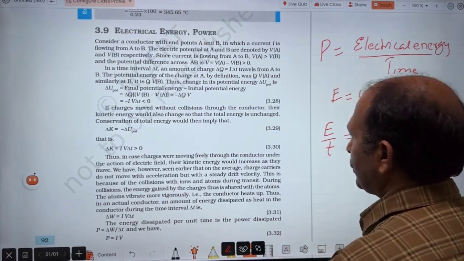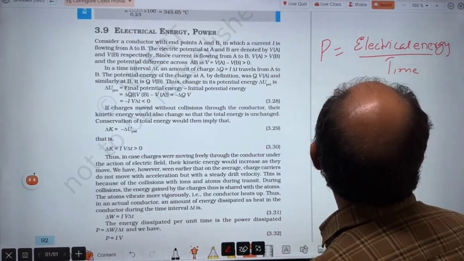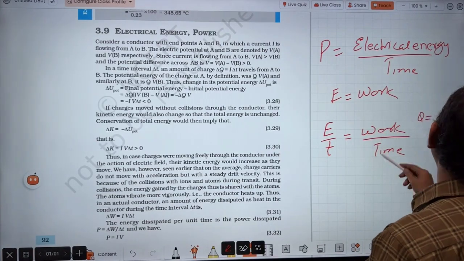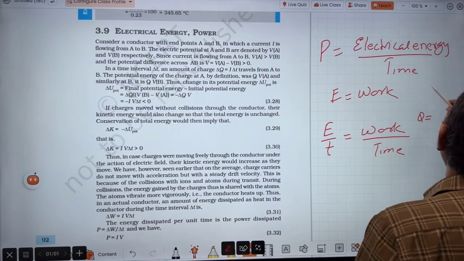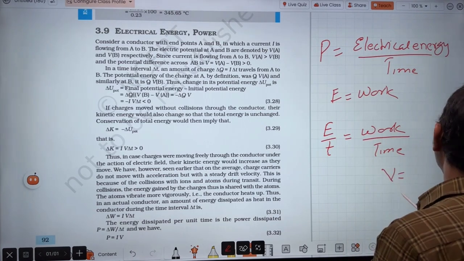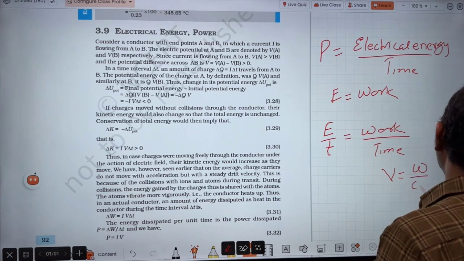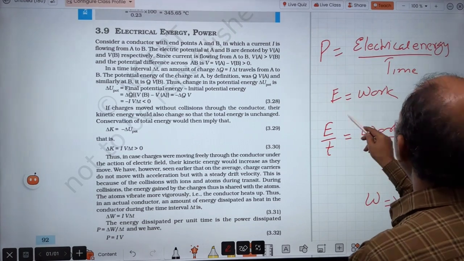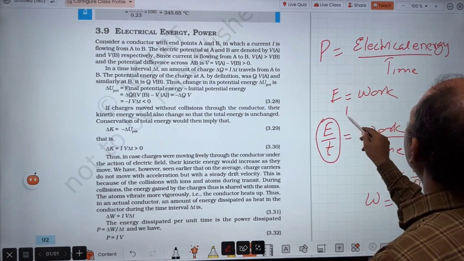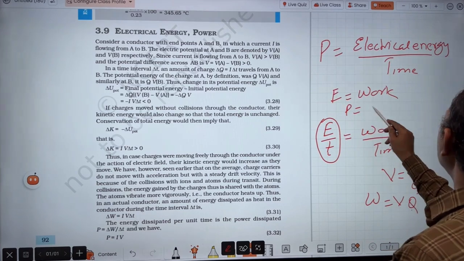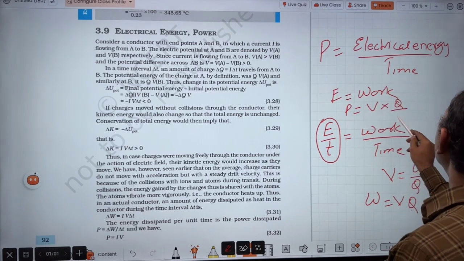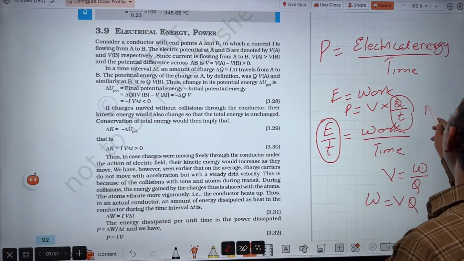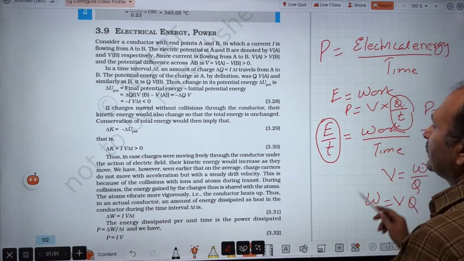And work, if you relate it with charge, from the potential difference relation V is W upon Q. So W equals V into Q. So if we write it here, E upon t is power, equal to W, which can be written as V into Q upon t, and Q upon t is current, charge upon time. So P equals VI. So this is the basic relation.